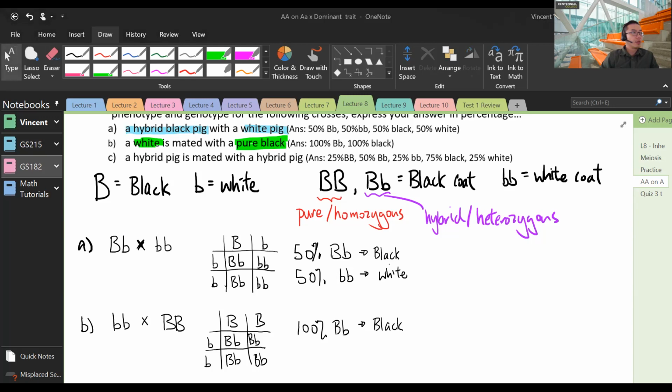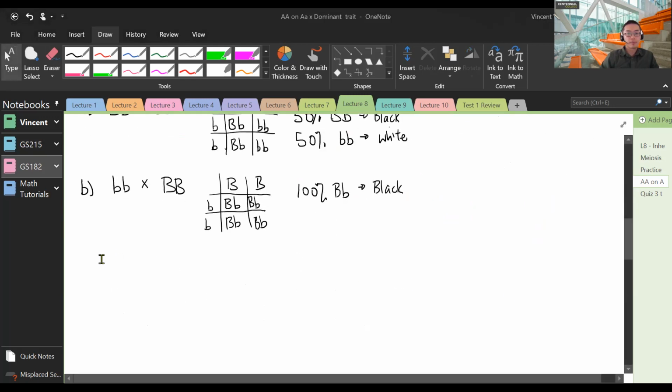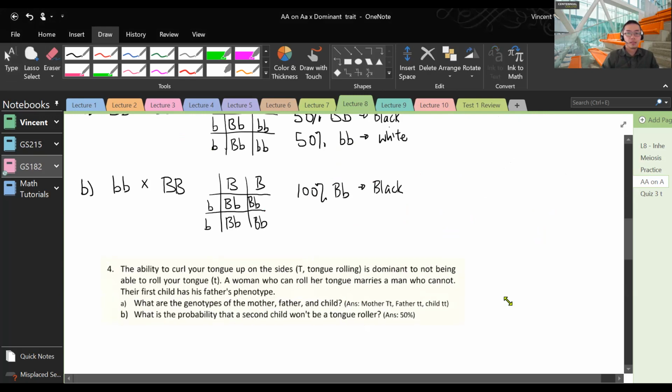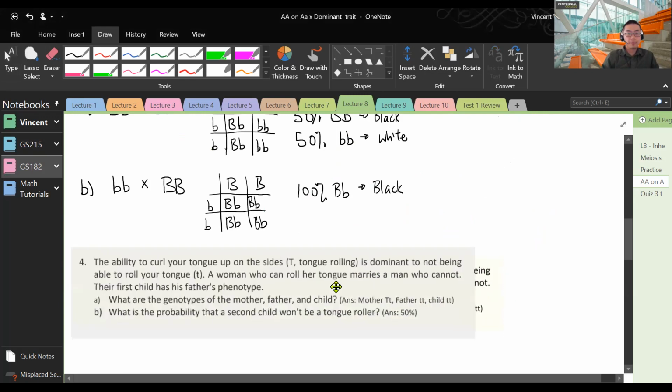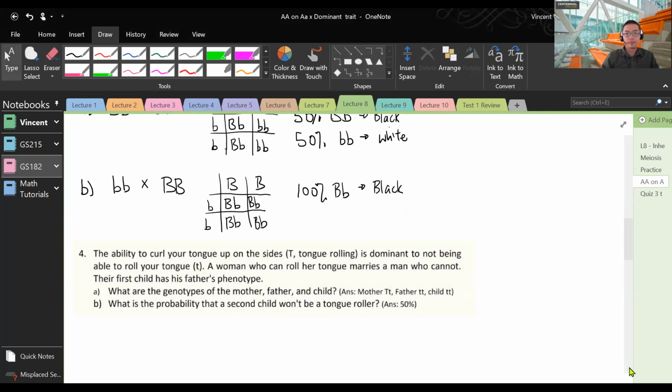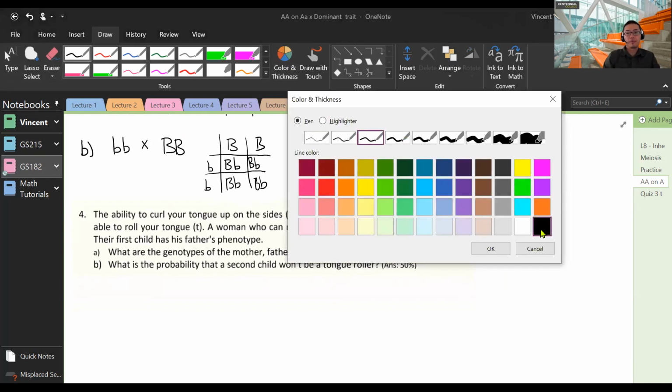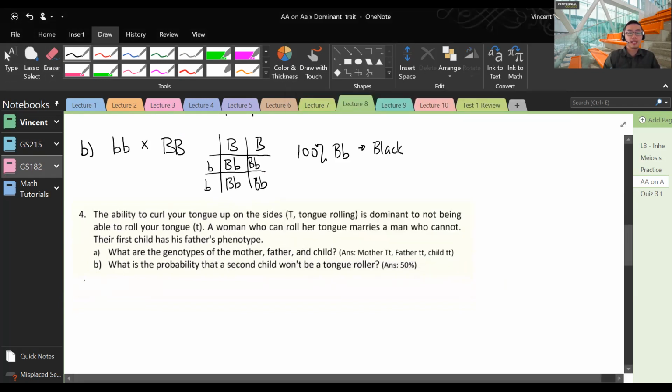Let's do number 4. Number 4, it looks pretty challenging. The ability to curl your tongue is dominant to not being able to curl your tongue. So again, we have to declare a variable. And we should write down what we let the letters represent.